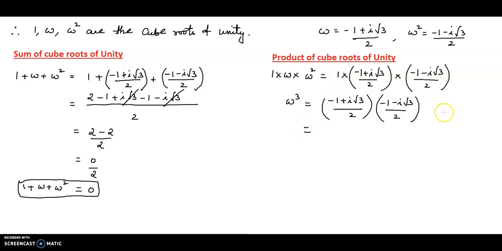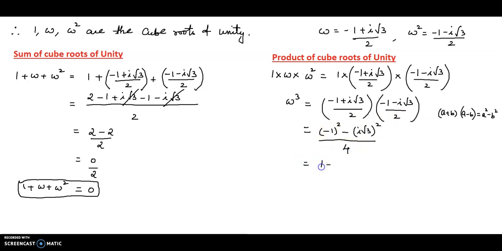Remember, a plus b into a minus b is a square minus b square. We multiply the numerator using this, and for the denominator 2 into 2 we get 4.